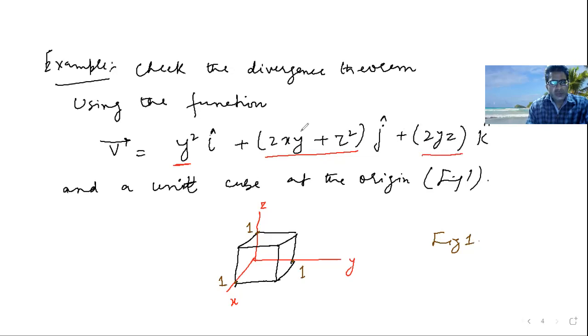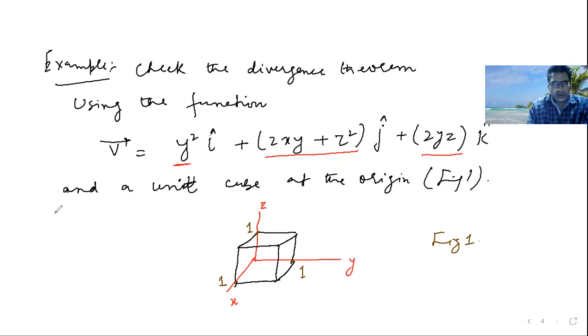So I have to use this vector field and a unit cube which is placed at the origin. I have to use it to verify the divergence theorem. Now what is divergence theorem? I write it again.